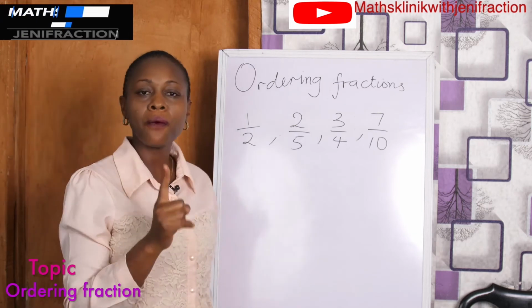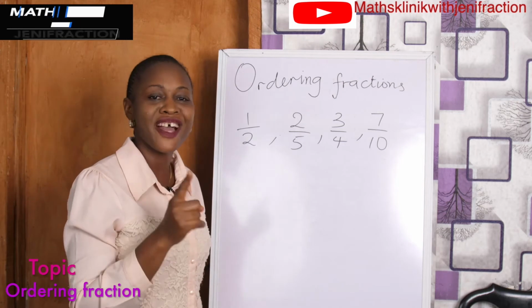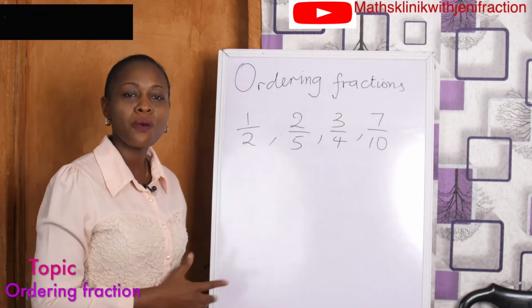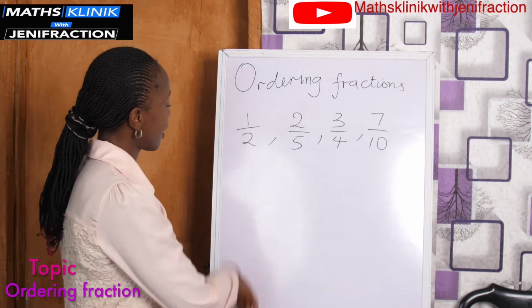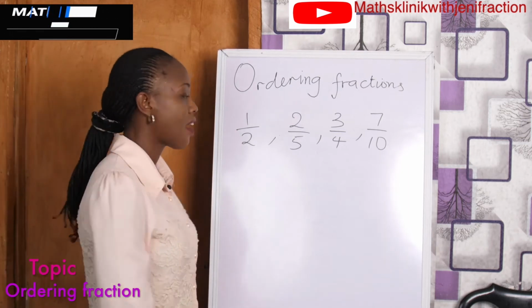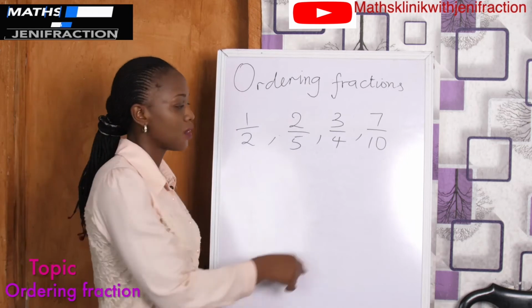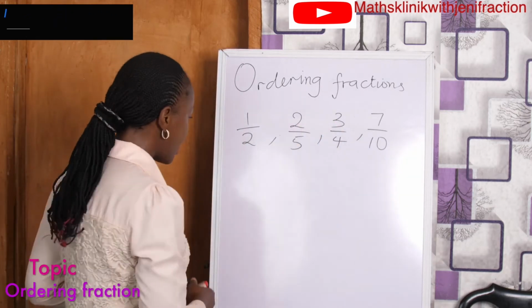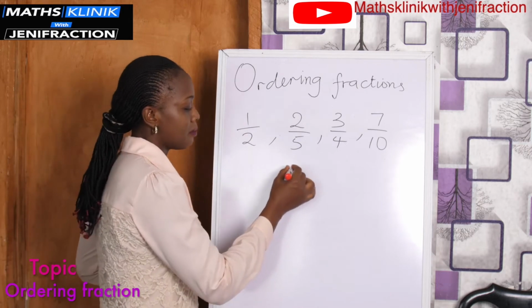Step 1, find the LCM of the denominators. So what are the denominators? 2, 5, 4, and 10. So let's find their LCM.